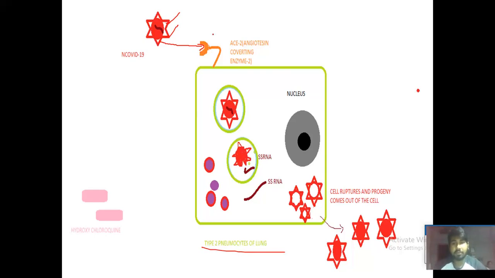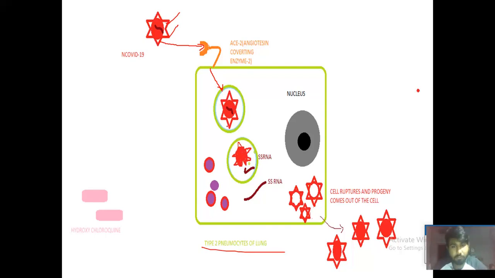After binding of the virus with the angiotensin converting enzyme, the enzyme changes its structure and mediates receptor-mediated endocytosis and engulfs the virus to form an endosome.